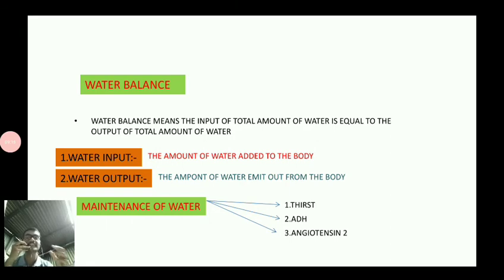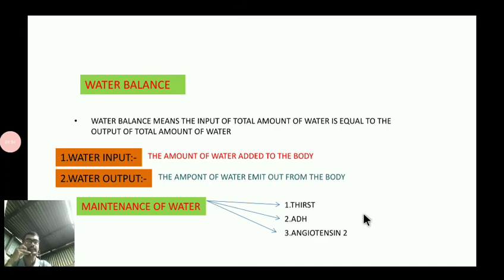During this time the ADH secretion will increase, and to decrease the output of water through your urine, the ADH will act on the collecting duct of your nephron, and it will increase the reabsorption of water from the nephron, which will not let you excrete an extra amount of water through your urine. By this process, the ADH maintains the water balance in your body. Once the body is fully hydrated, the secretion of ADH will decrease.